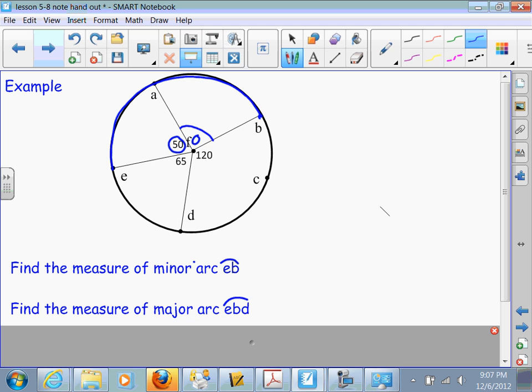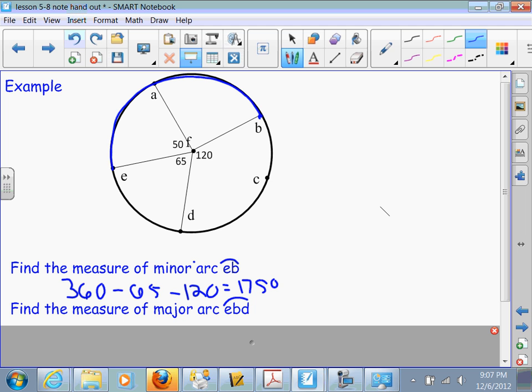But can't I also just subtract those angle measurements, and whatever's left will give me the minor arc EB I'm looking for? Absolutely. So if I take 360 minus 65 minus 120, I get 175 degrees. So the measurement of minor arc EB is 175 degrees.